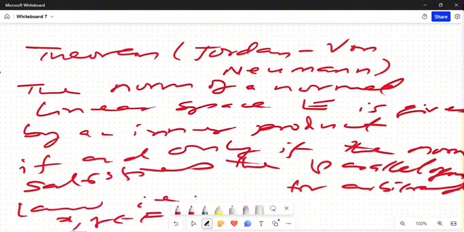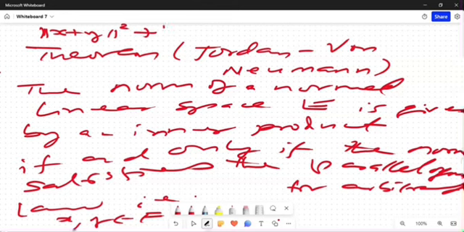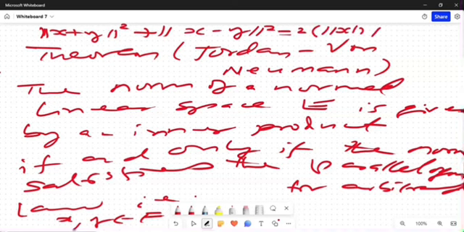Instead of continuing here, I want to show the next equation, which is norm of x plus y squared plus norm of x minus y squared is equal to 2 into norm of x squared plus norm of y all squared.